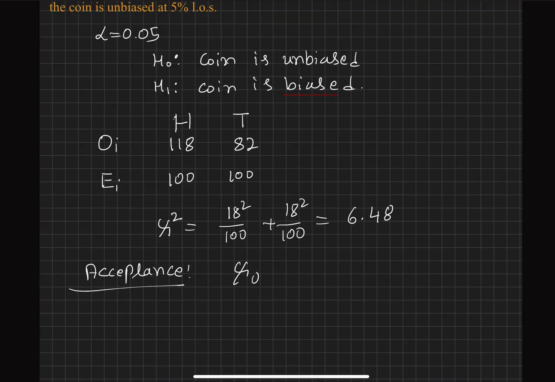So here acceptance region will be chi naught square less than or equal to chi square alpha comma k minus 1.